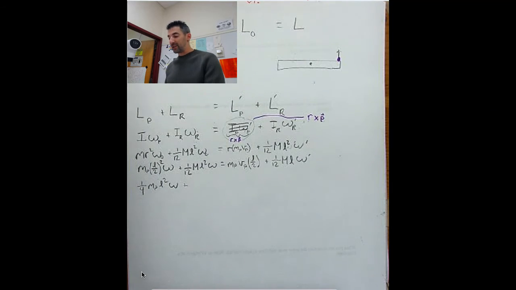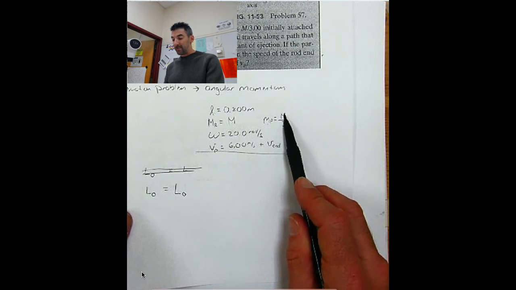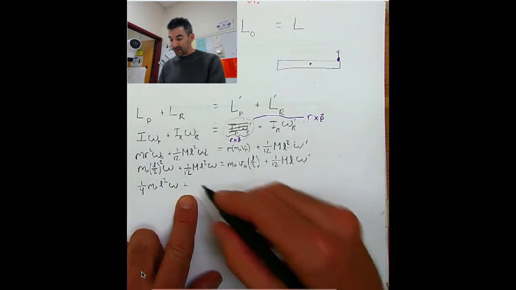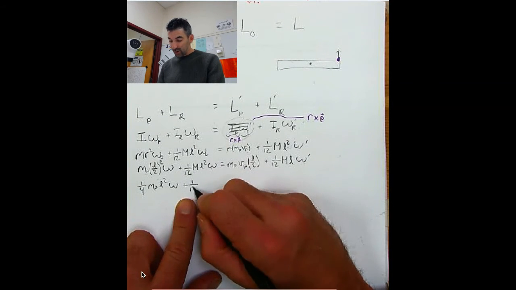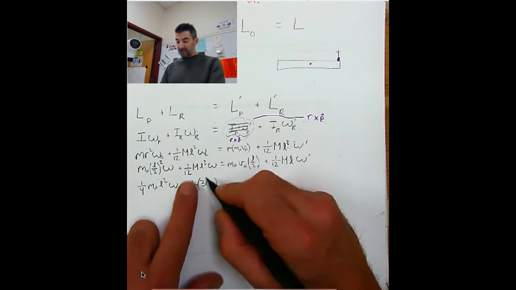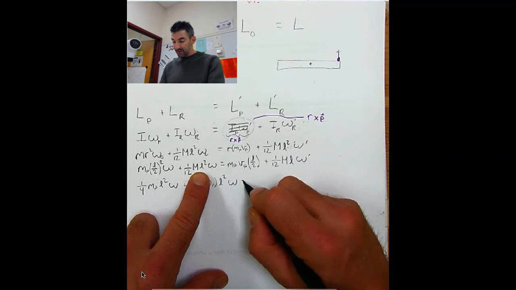I know from my initial condition, mass of my particle is the mass of the rod divided by 3, which means I can say this mass of the rod is 3 mass of my particle. So 1/12 times 3 mass of my particle, that whole thing times L squared omega equals, right?